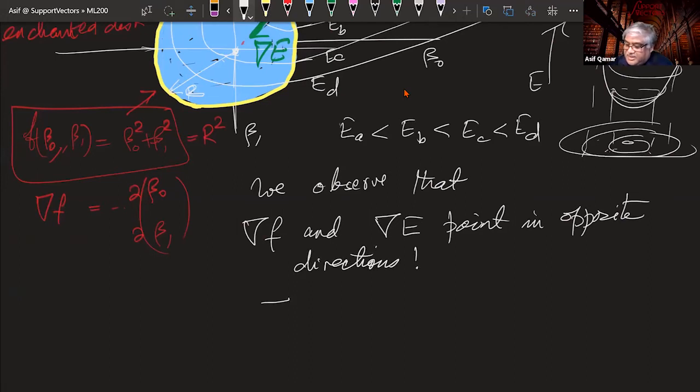Right? And so we can write gradient of F is equal to minus the gradient of E, but we don't know what the magnitude is. So we'll put a lambda parameter here. Right? So far, so good, guys?